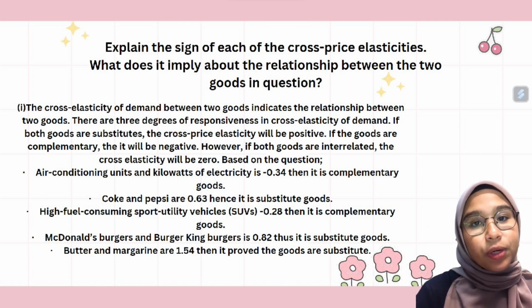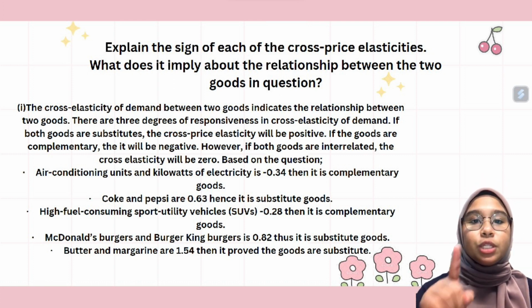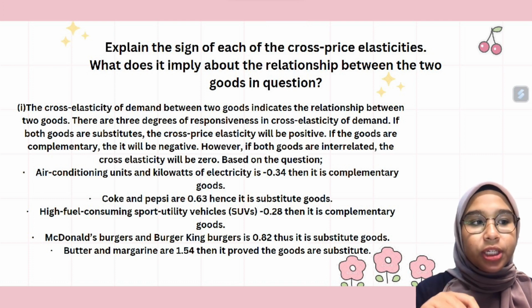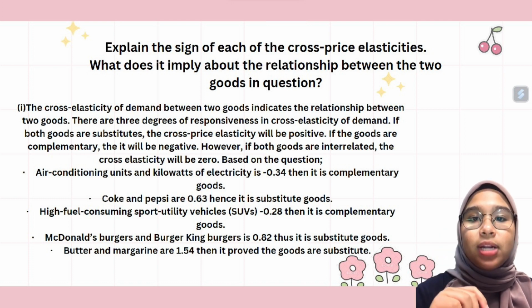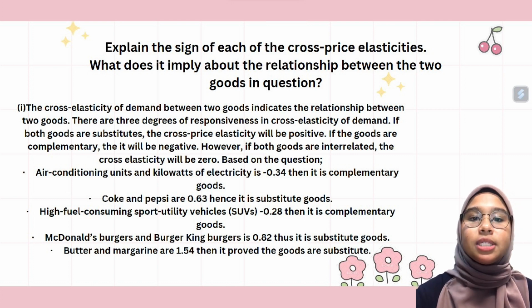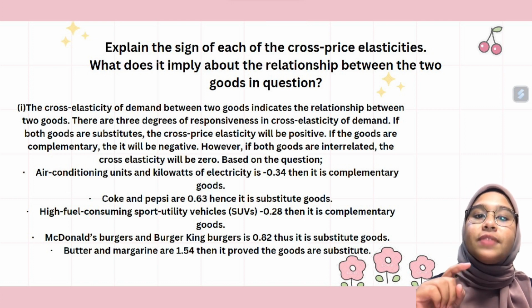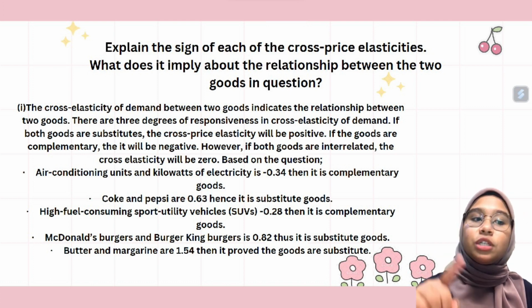Okay, so based on the question that we need to answer, the first one is air conditioning units and kilowatts of electricity. The value is negative 0.34, which is complementary goods. Based on the statement that I have stated before, if it is negative, then it is complementary. So we move to Coke and Pepsi.